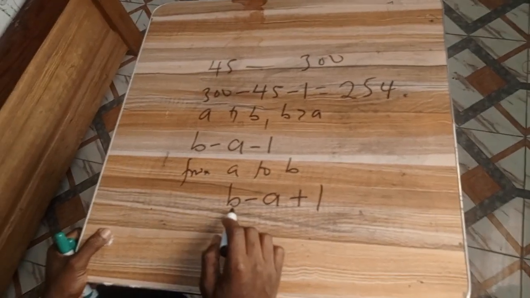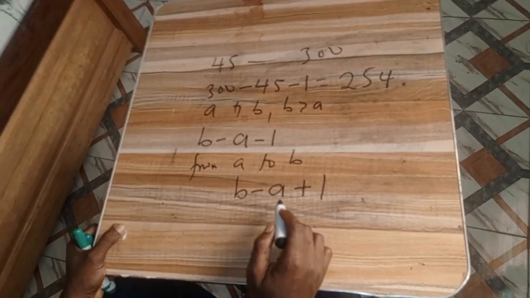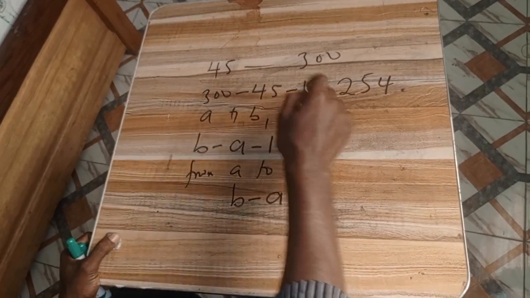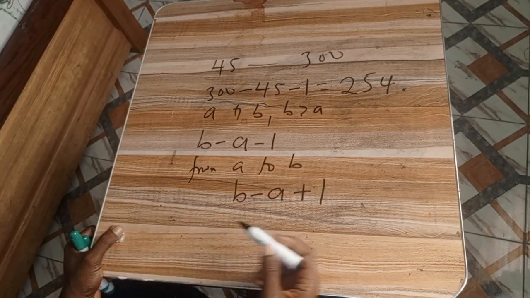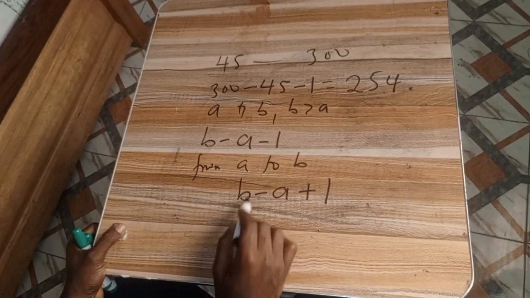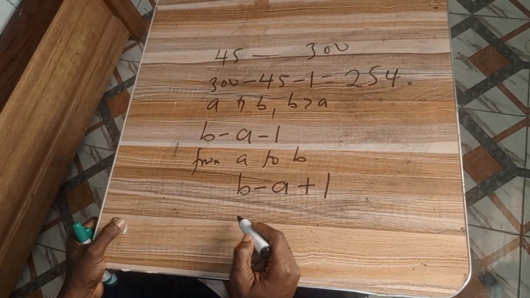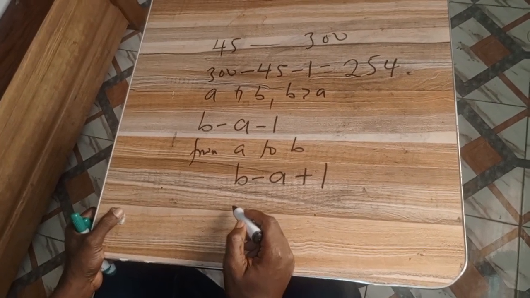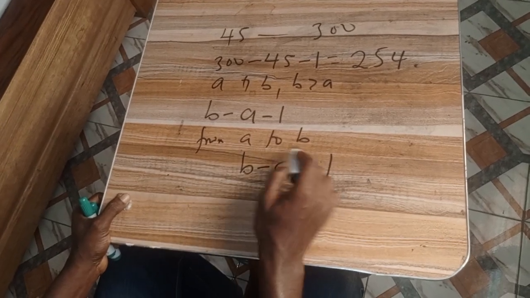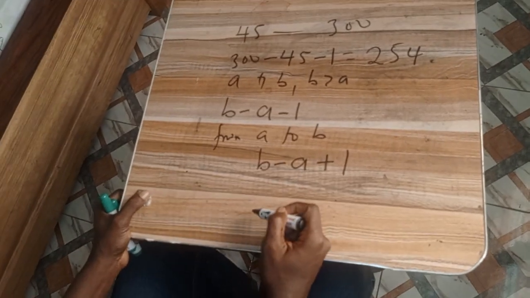Now, if you perform B minus A, you have removed the A. As in this case, when you do this, the 45 is out. But the greater number is still here, but you have removed the A. But you want from A to B, so A must be included. So the addition of the 1 is including the A.